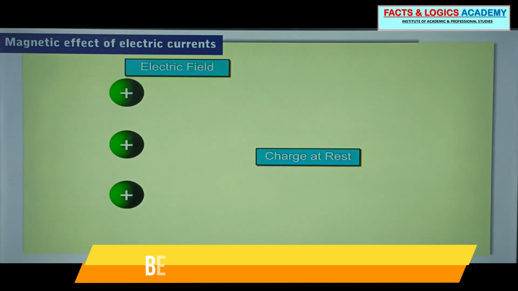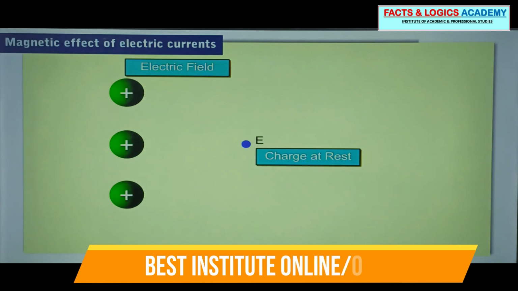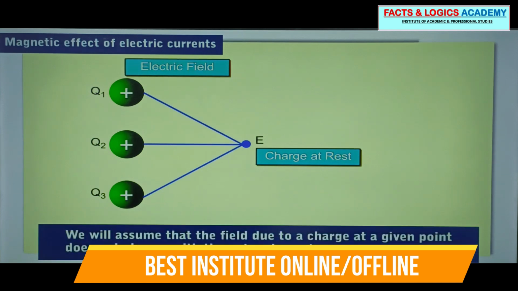If there is more than one charge in the space under consideration, the electric field at a particular point is due to all the charges. Consider three charged spheres with charges Q1, Q2, and Q3 placed at different locations as shown. Then, the fields due to all the charges act vectorially.